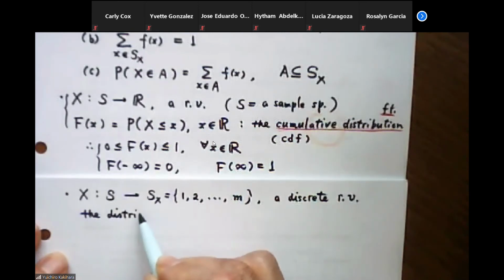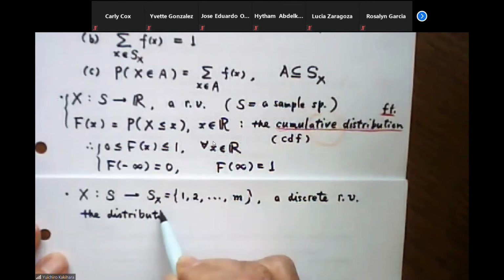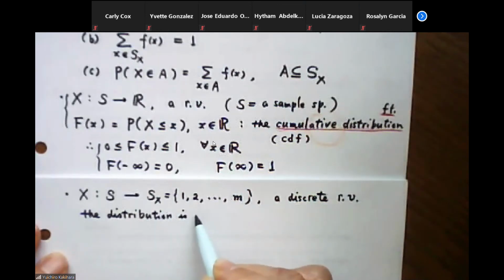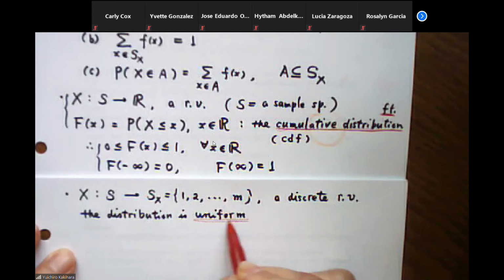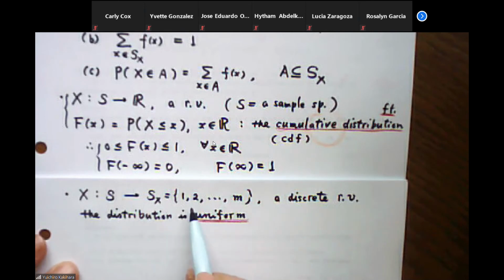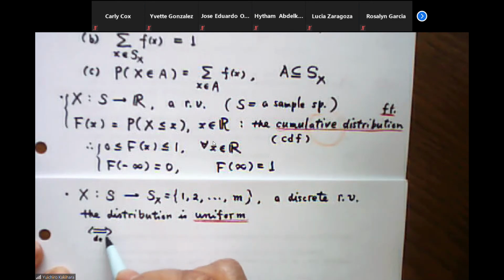The distribution is uniform when each outcome appears with the same probability. Here's the definition: each outcome, meaning each value from 1 up to m, appears with the same probability.